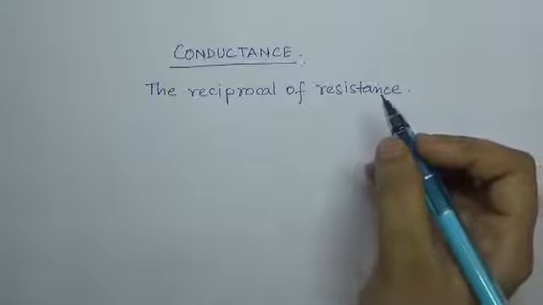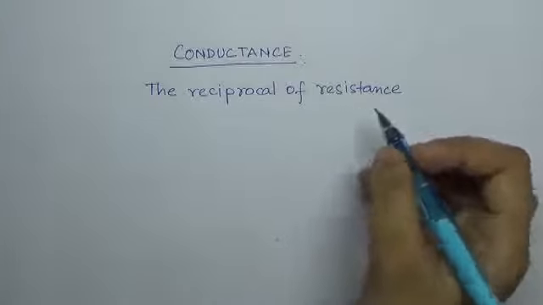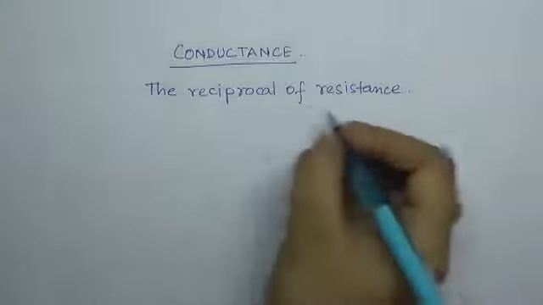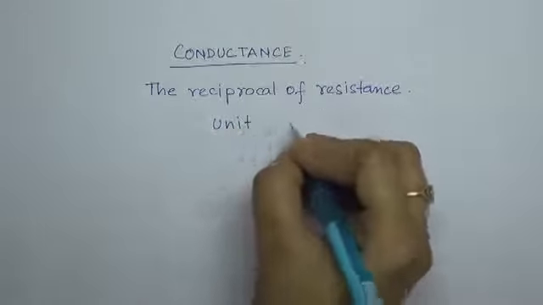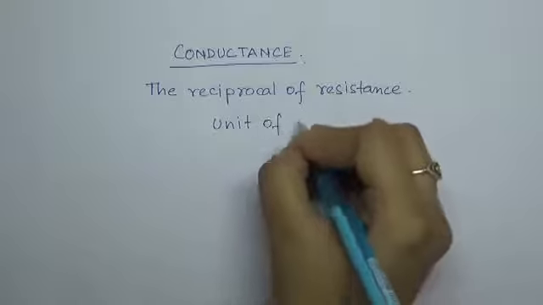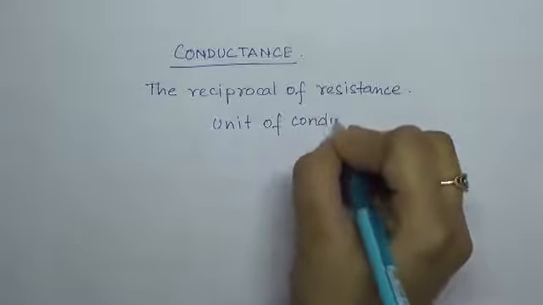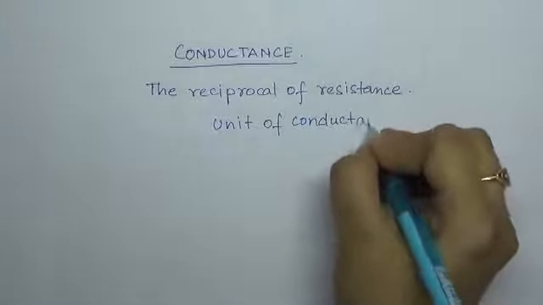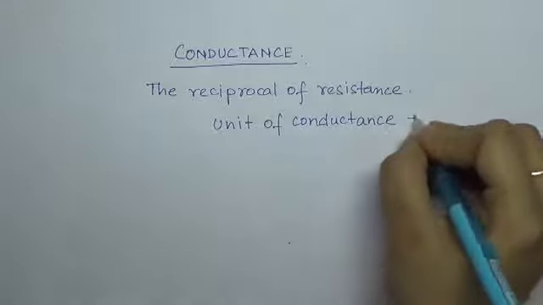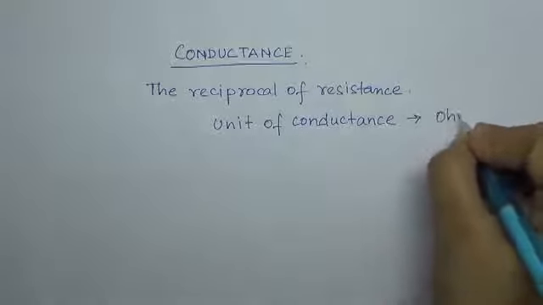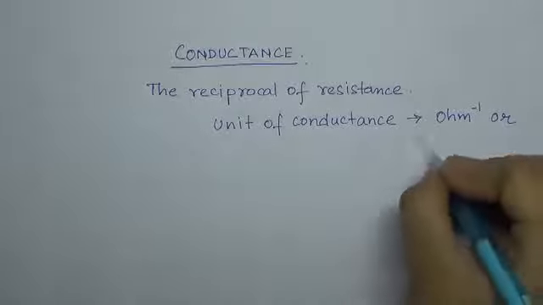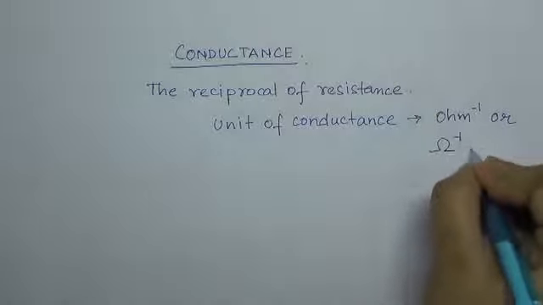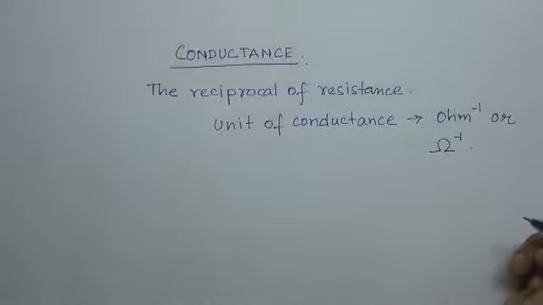Now if it is the reciprocal of resistance, what will be the unit of conductance? The unit of conductance will be just the inverse of resistance. What is the unit of resistance? Ohm. So the unit of conductance will be ohm inverse.